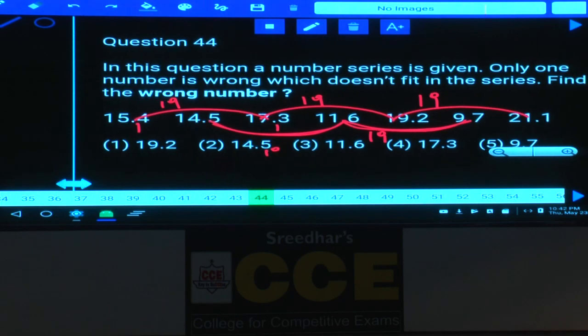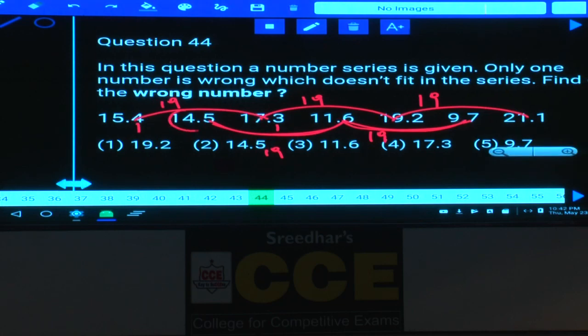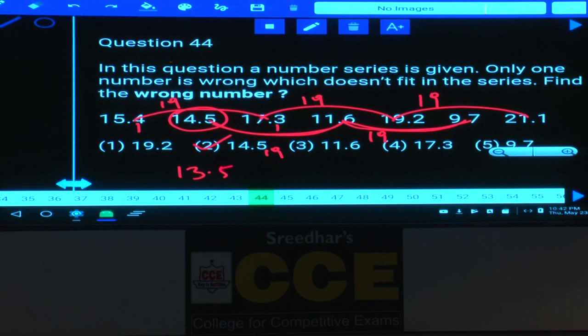As 116 plus 19 is so much? 116 plus 19, 135. Hence the correct number is 13.5 and the wrong number is 14.5, that is choice 2. Every alternate number starting from the first number plus 19, plus 19, plus 19, and the remaining numbers minus 19, minus 19, minus 19. Done? Hence choice 2 is the answer to 44.